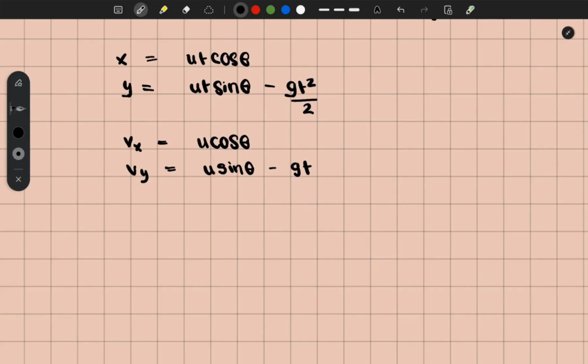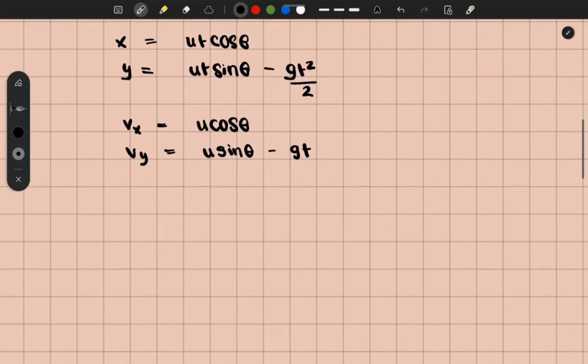Now we can begin removing the t variable from both the equations for the position on the x and y axis. We will first begin by writing it out like this.